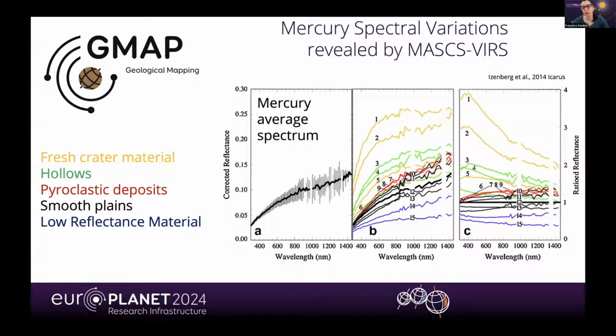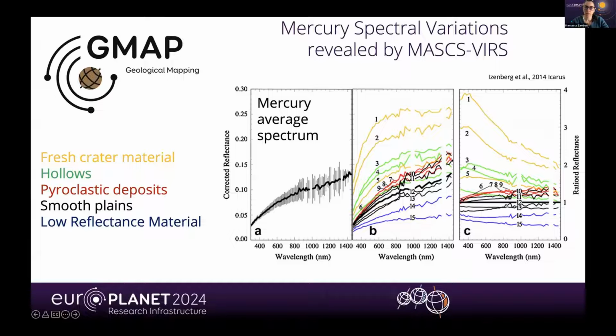Another way to better emphasize the spectral behavior of different areas, different terrains, is shown in the C panel. And here you have normalized spectra.